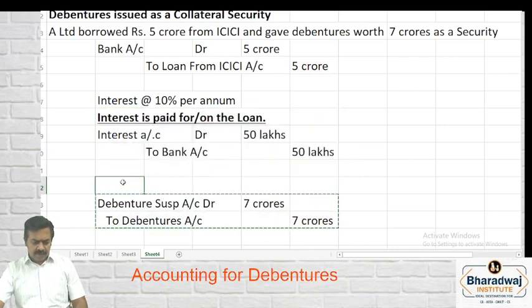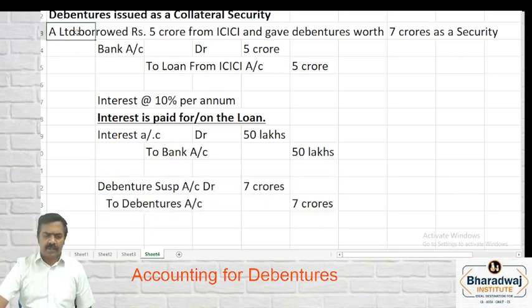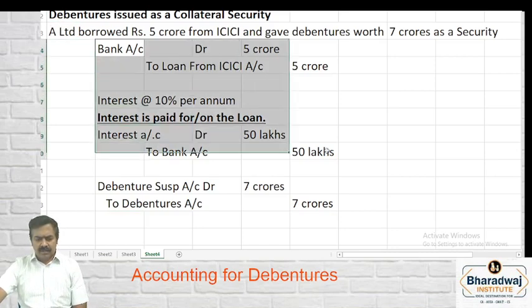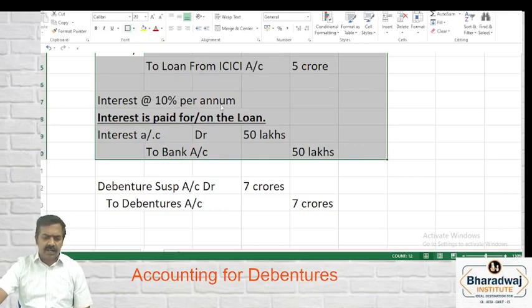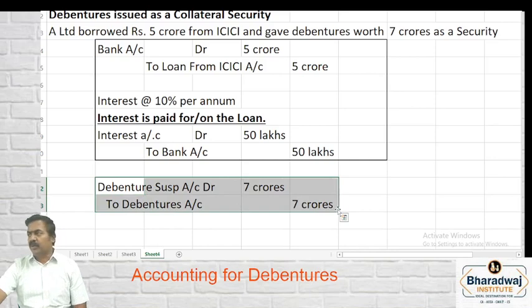This is for issuing debentures as a collateral security. And please remember, the person will get interest for the loan given. For this debenture, no interest will be paid.